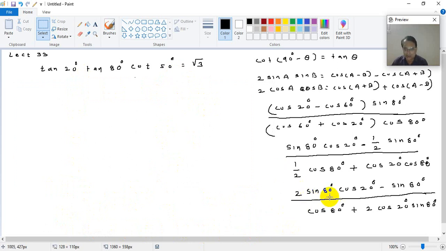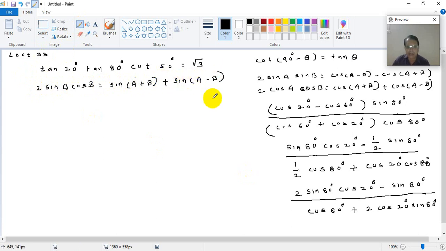Now the term here, 2 sin a cos b, see what its formula is. 2 sin a cos b is sin of a plus b plus sin of a minus b, and here 2 cos a sin b is sin of a plus b minus sin of a minus b. So see what happens. The numerator has 2 sin 80 cos 20.